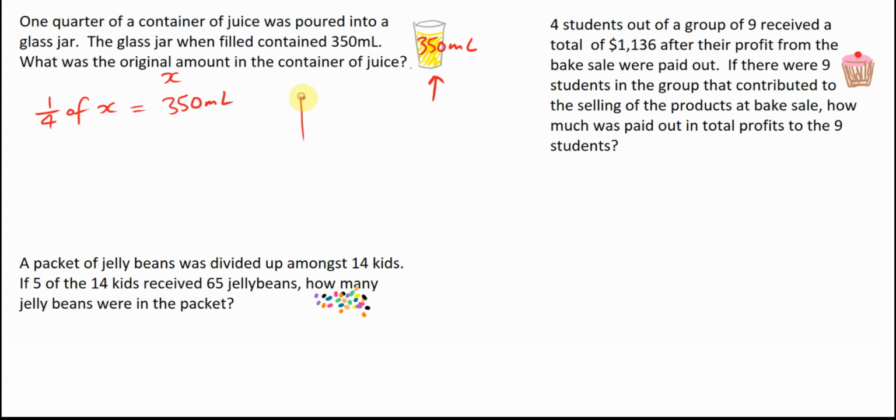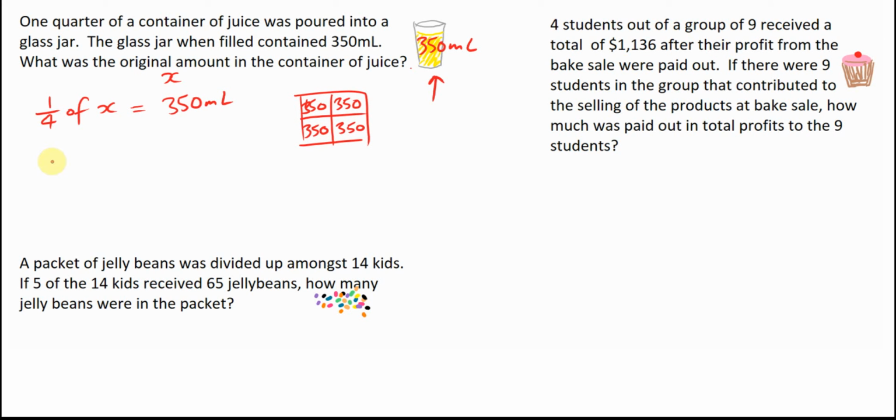Okay, if I just draw a quick diagram, I'm looking at quarters. I know that 1/4 of this total amount is 350. So if 1/4 is 350, then each quarter will also be 350.